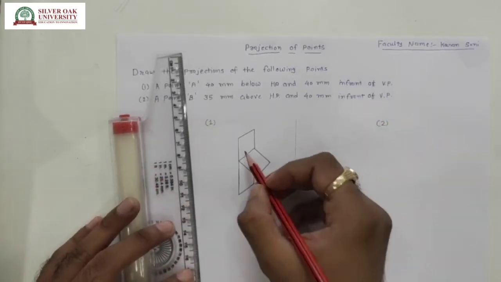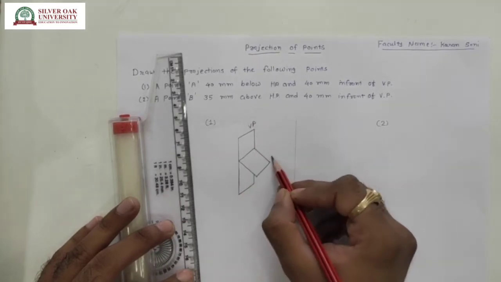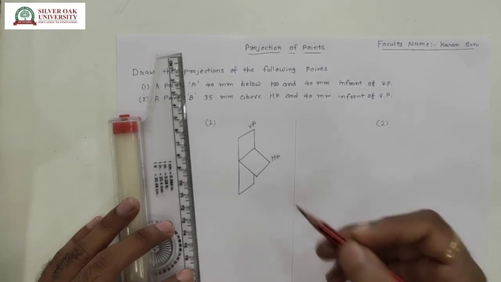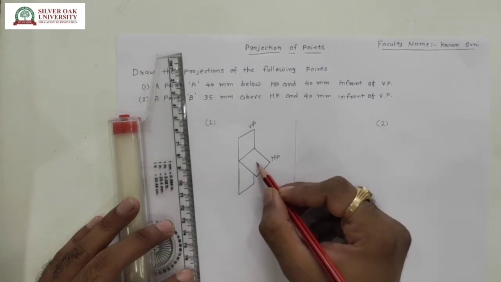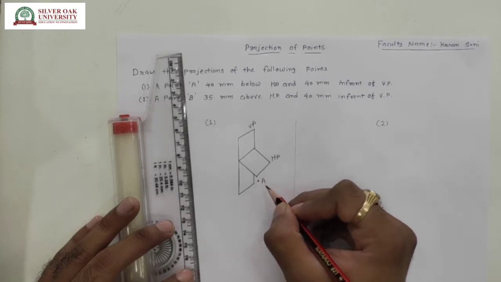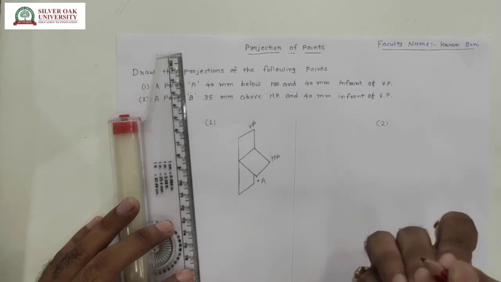Here this is the vertical plane and this is the horizontal plane, and our point is located below HP and in front of the VP. So the location of the point may be here. This is the point A, located below HP and in front of the VP.